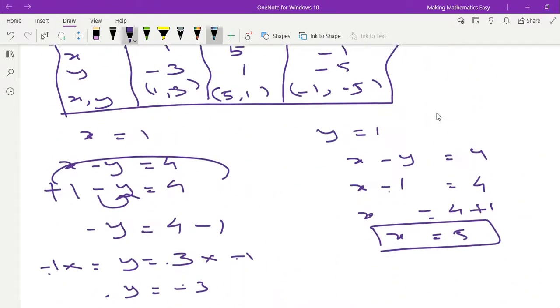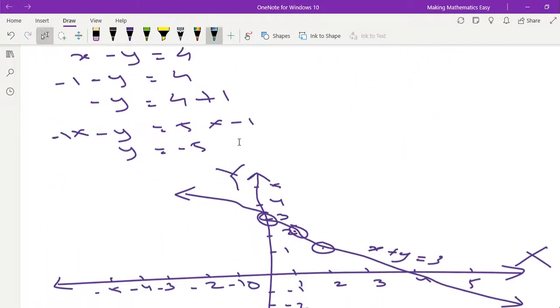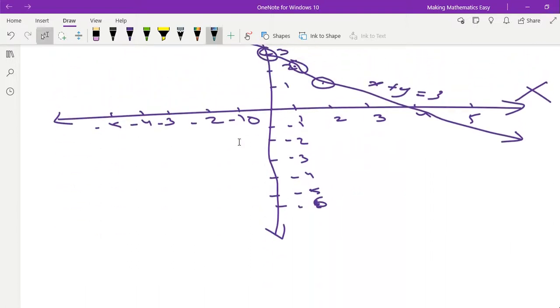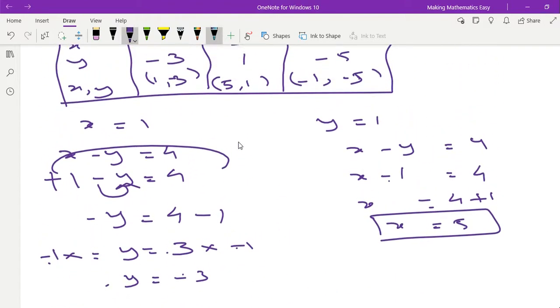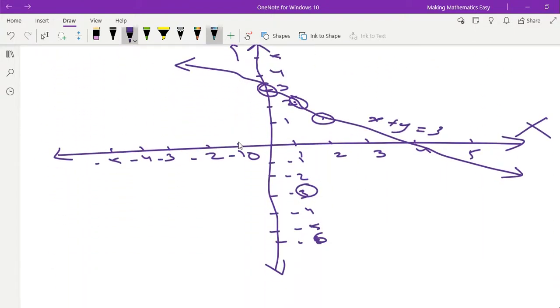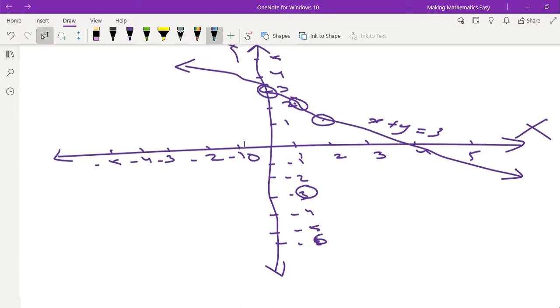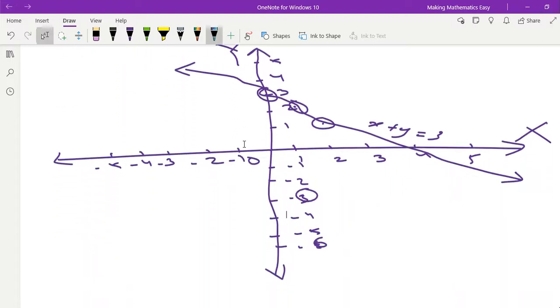Now let's plot the values of the second equation, which is 1 comma minus 3. So 1 comma minus 3 will be over here. Next coordinates are 5 comma 1, so your 5 comma 1 will be over here.